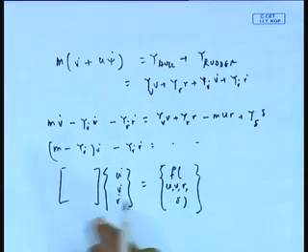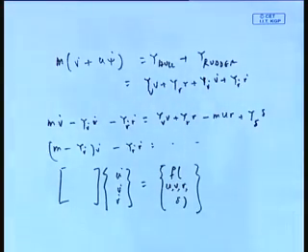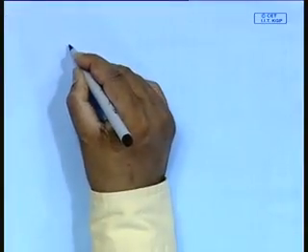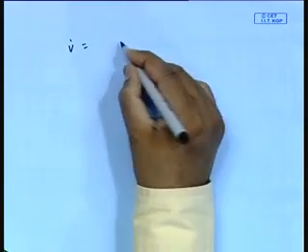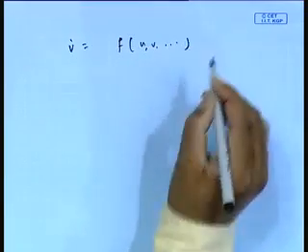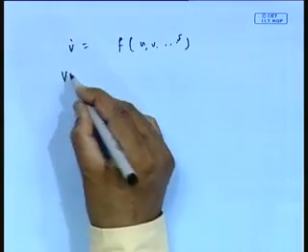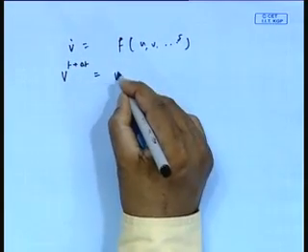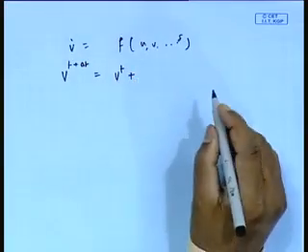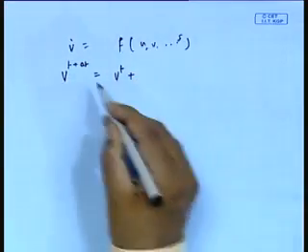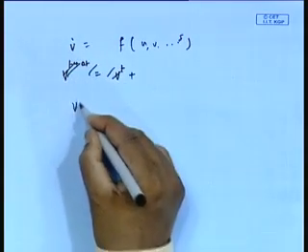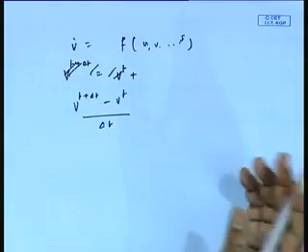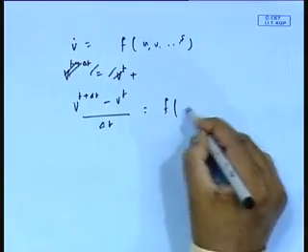So it is a first order linear differential equation, simple. How can you find out v? Very simple. It is something like I have an equation v dot equal to some function of u, v, etc. So I will estimate, using a numerical scheme, at t plus delta t: v(t plus delta t) minus v(t), divided by delta t, equal to these values at time t.